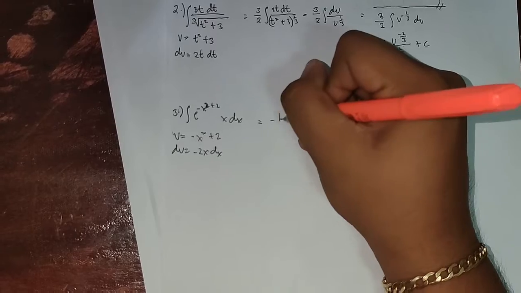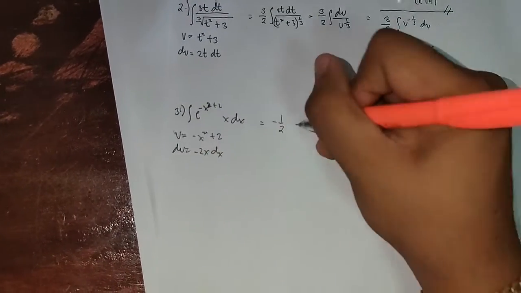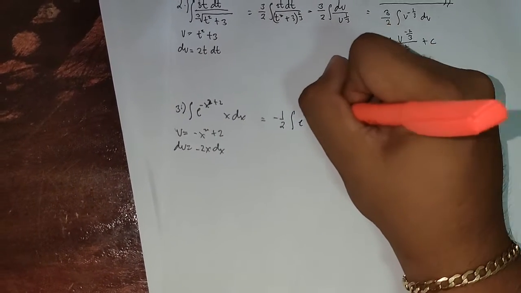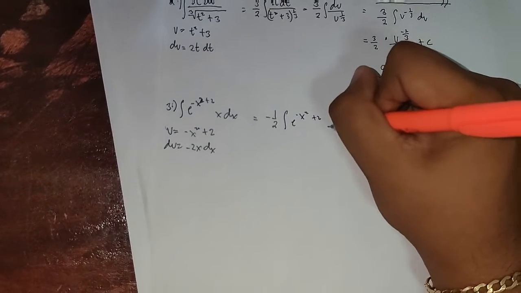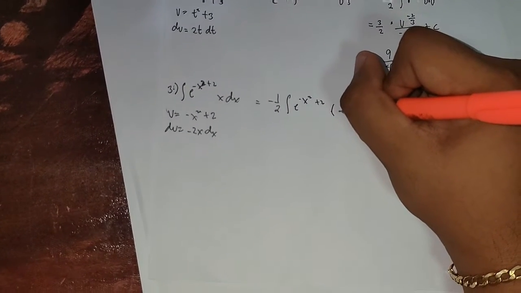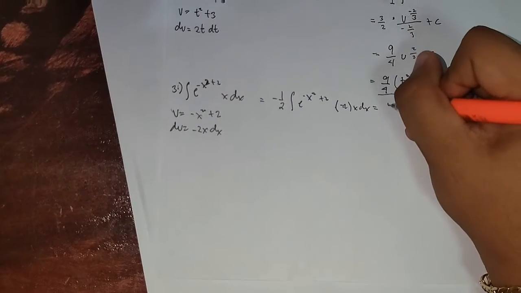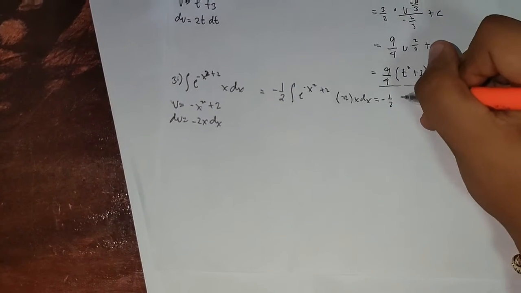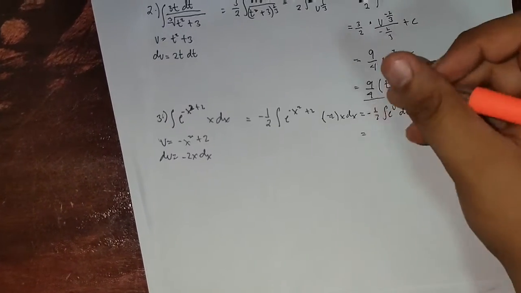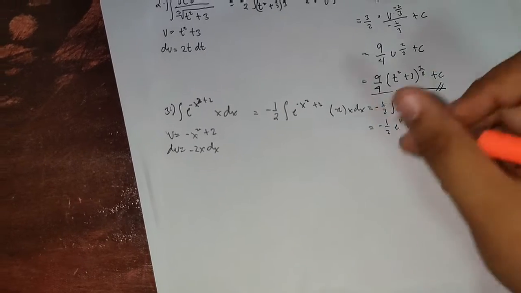We put the negative 1/2 here, so our equation will be balanced: the integral of e raised to negative x squared plus 2, and our du here is negative 2x dx, equals negative 1/2 integral of e raised to u du, equals negative 1/2 e^u plus c.